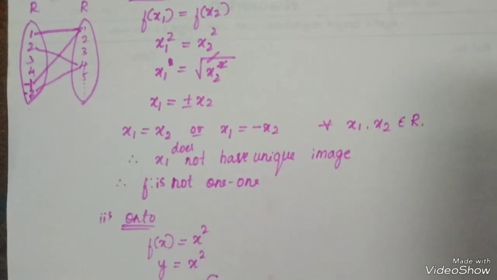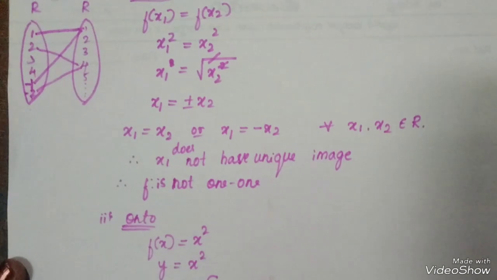Whatever values we have taken, all are real numbers. We take y as 1, then it is a real value. Again, 0.2, the value becomes 0.4, which is also a real number.